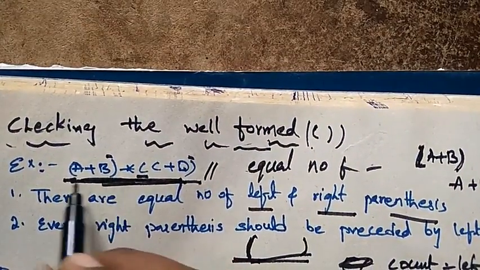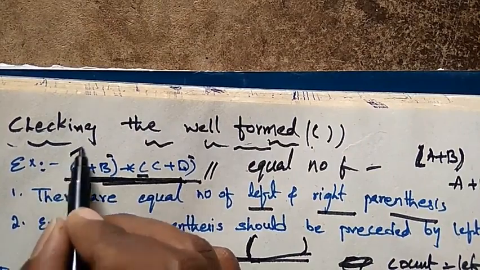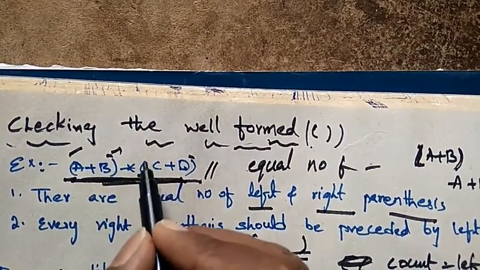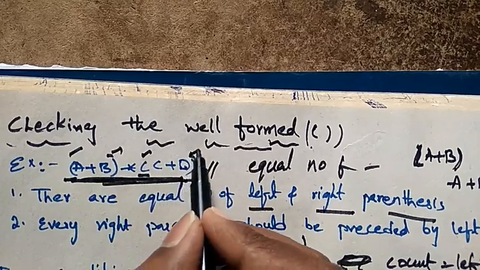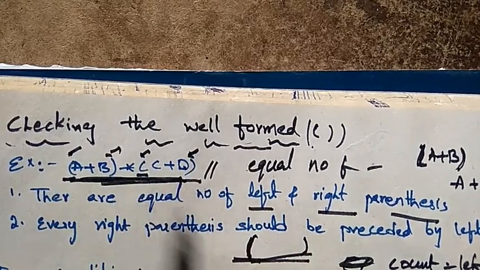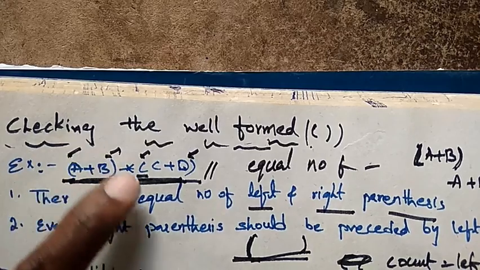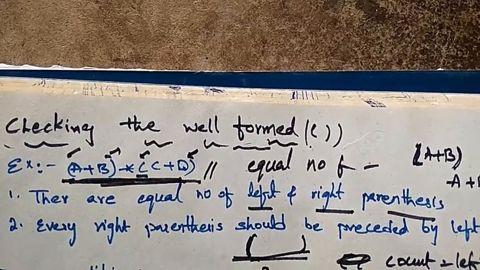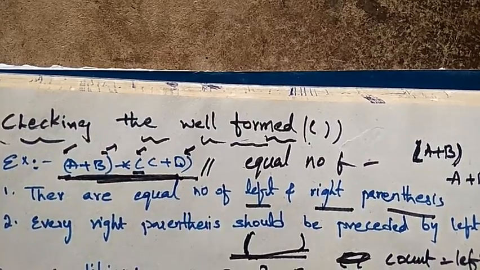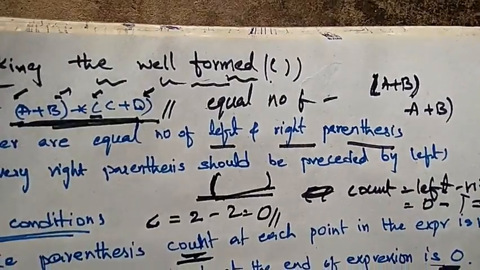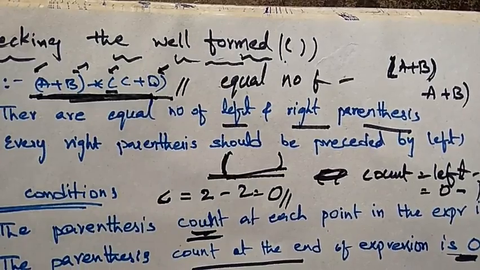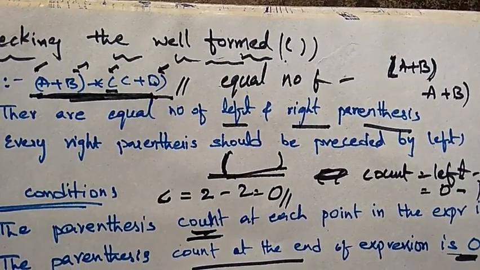I am finding one left parenthesis, one right parenthesis, one left parenthesis, one right parenthesis, 1 and 2. Two left parentheses, so the count is 2 left parentheses minus 2 right parentheses, and the count will become 0. At the end of the expression your count should be 0. Then we can say that you have a valid expression.